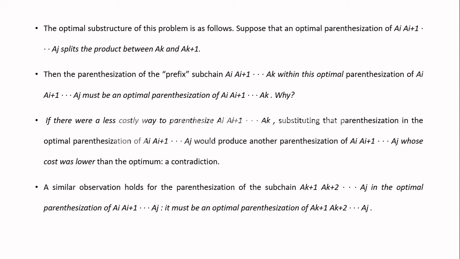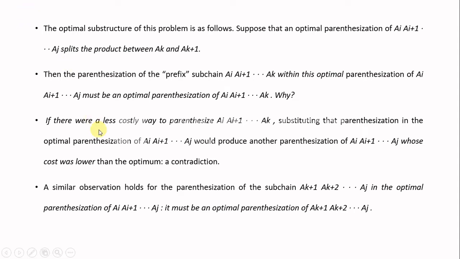That is our aim, because our original problem is Ai to Aj. When you consider Ai to Ak and find an optimized parenthesization which is optimal for Ai to Aj, it should also be optimal for Ai to Ak+1. And why?